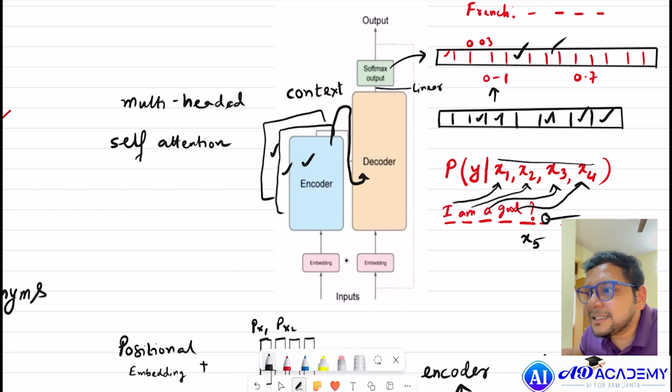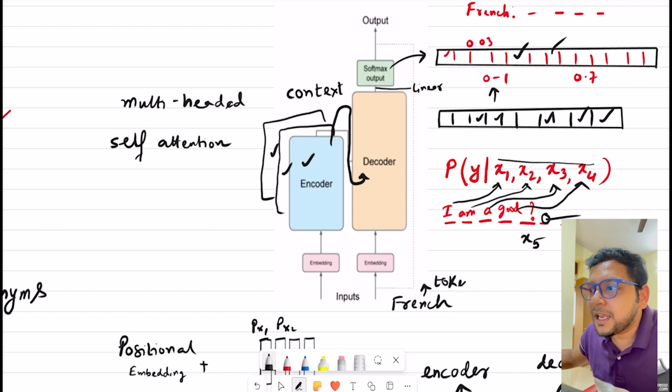Now in the decoder, what is happening is that we similarly have the French sentences for training, which are converted first into token IDs, and then into embeddings, that is positional embeddings and contextual embeddings. This is passed to the decoder.